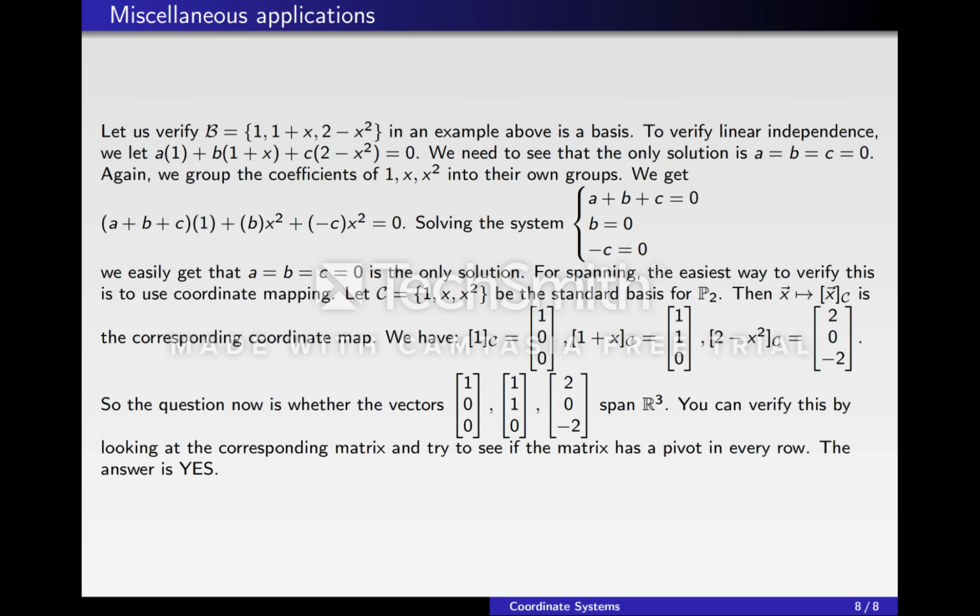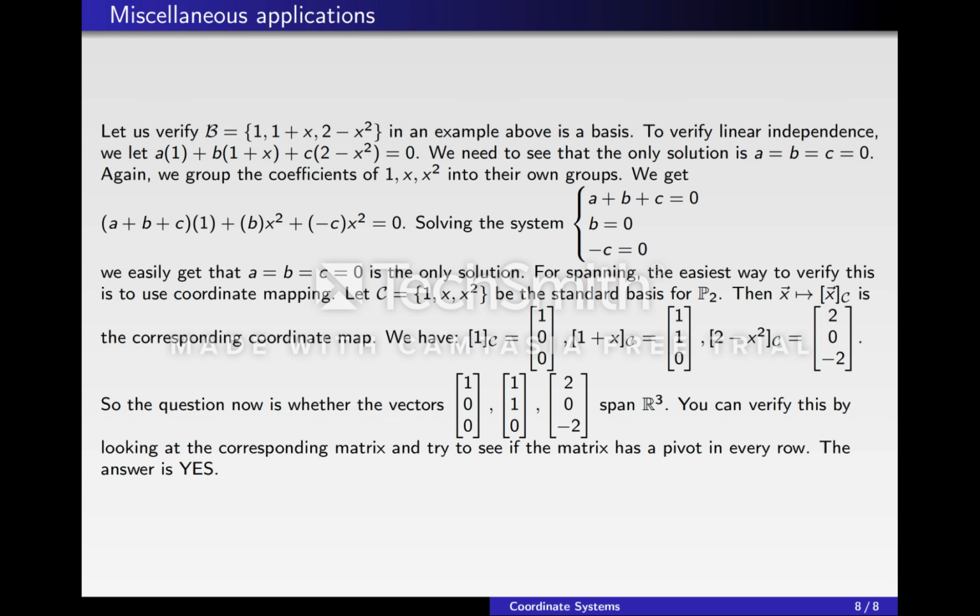Right. So for linear independence, let's write down the equation. Suppose that A times the first vector, the 1 polynomial, plus B times the second vector 1 plus x, plus C times 2 minus x squared equals 0. We need to see that the only solution is A equals B equals C equals 0, right? So how do we do this?